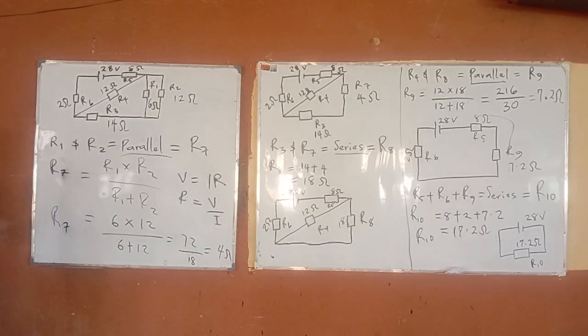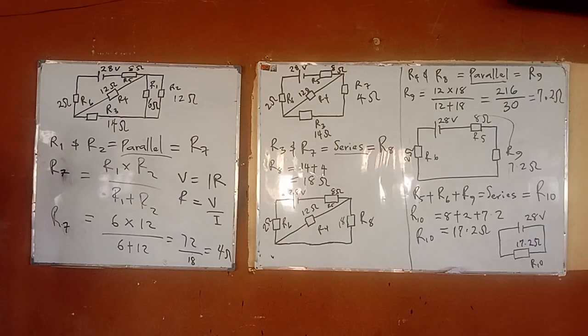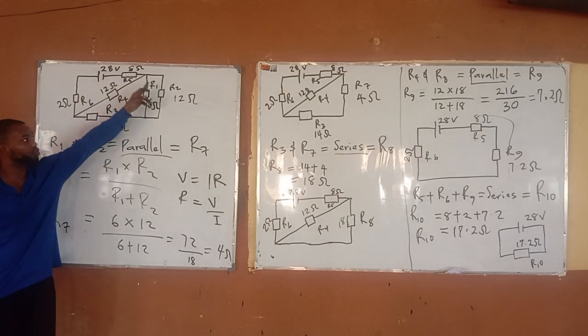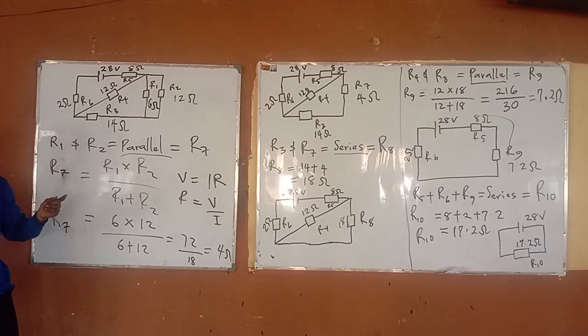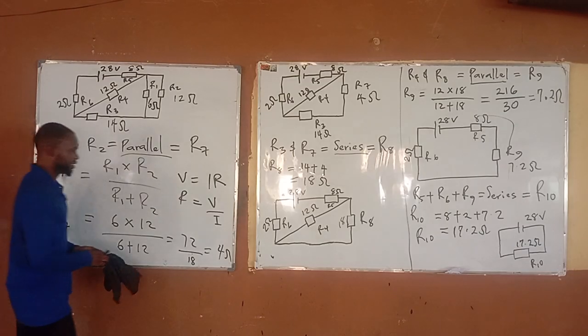What it means is that as you are progressing through this circuit and doing work, for each resistance that you have there is a new voltage, and then there will be a current drop.